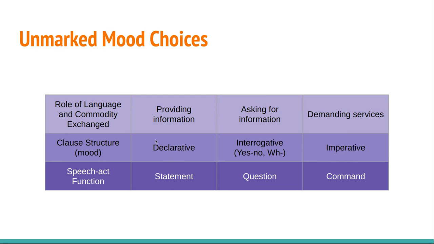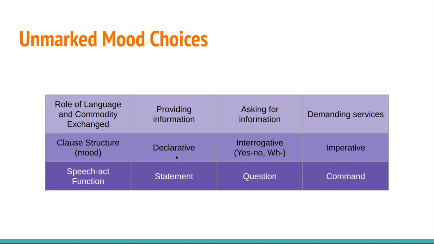Remember, the clause structure doesn't vary. I mean, declaratives always have a noun phrase followed by a verb phrase. Interrogatives, well, depending on the type of interrogative, you will have auxiliary followed by noun phrase, or WH followed by auxiliary or verb phrase. And imperative clauses start right away with the verb phrase. Now, the function can change.